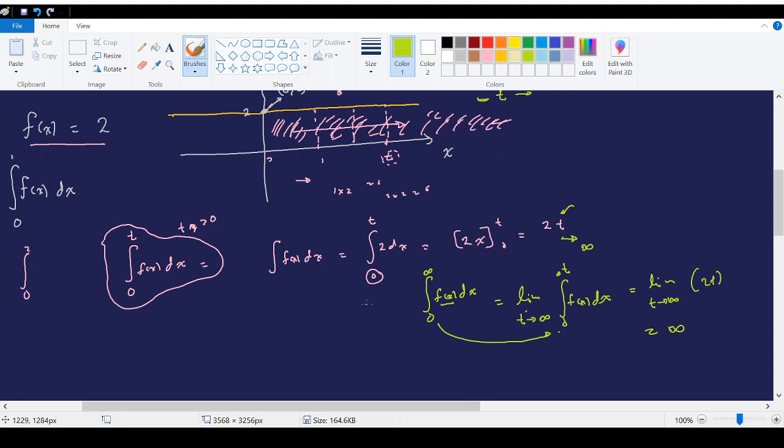So what I want to say is that if we have an integral with infinity as the upper limit, you can visualize the same problem as a limit of a certain integral. How do we relate the limit with this infinite integral?